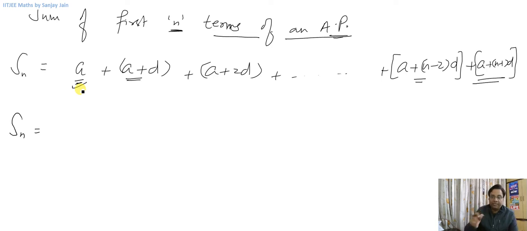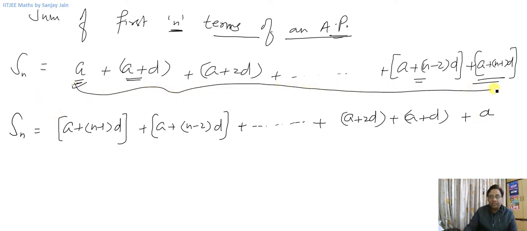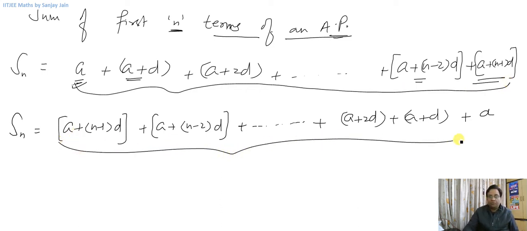Let me write the last term first and then the first term last: a plus (n minus 1) into d, plus a plus (n minus 2) into d, and so on, a plus 2d, a plus d, and then the last I'll write a. So I have not changed anything in the expression written on this right hand side. I have just flipped it and written it in another form, right? I have not changed anything here.